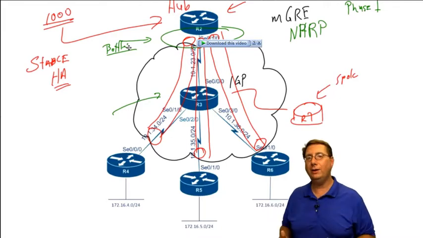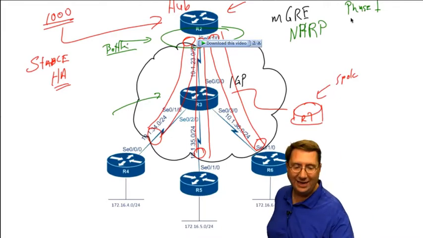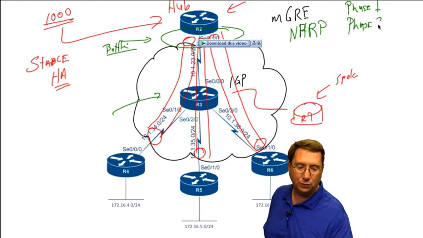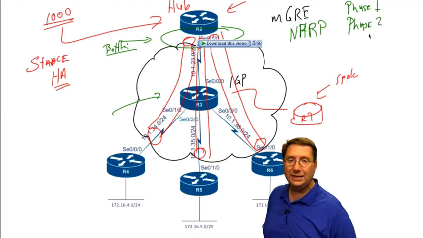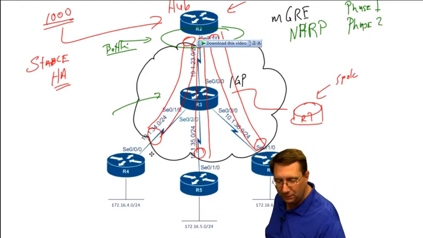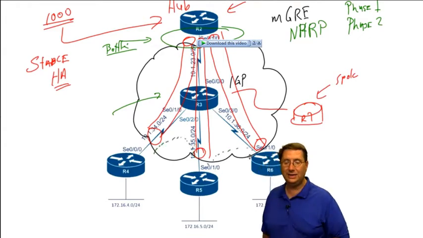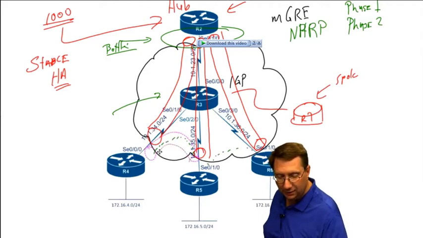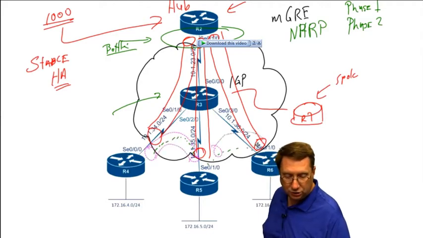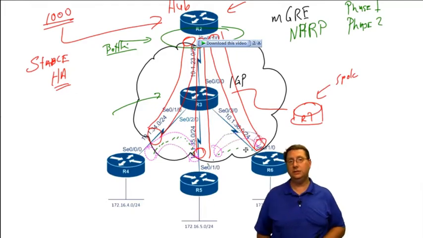That's why we deployed this concept of Phase 2. Phase 2 DMVPN is a deployment whereby we get the capability of creating spoke-to-spoke connectivity through the deployment of dynamically generated multi-point GRE tunnels between the spokes.